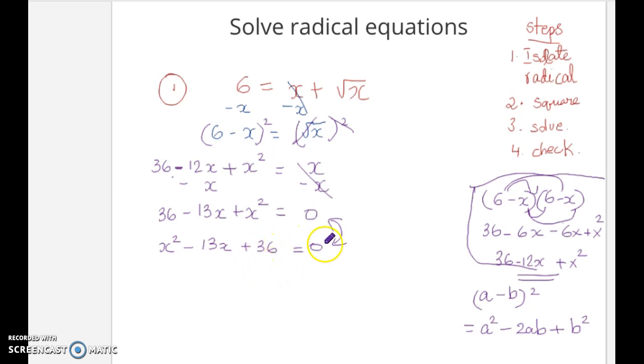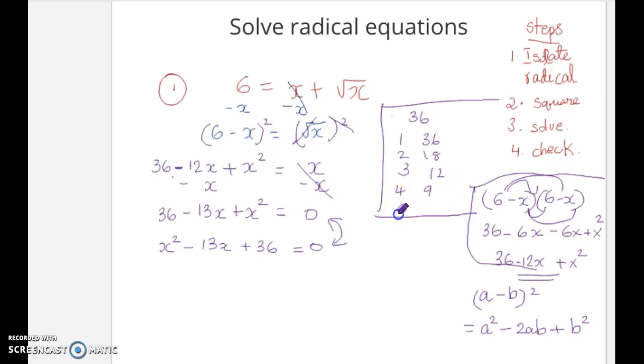We can find two numbers whose product is what? I'm just going to make some space for me over here. Two numbers whose product is 36. When you have to multiply, you have to get 36, and when you have to add, you have to get negative 13. So we can get 36 by multiplying 1 times 36, 2 times 18, 3 times 12, 4 times 9, and that's about it, right?